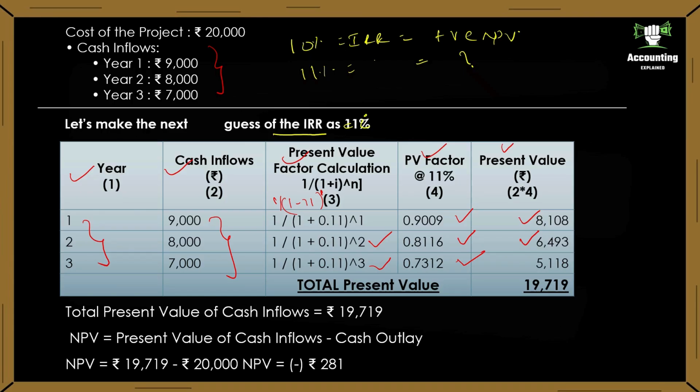So the present value of cash inflow is 5,118. The total present value of cash inflows is 19,719. Now net present value is present value of cash inflows minus cash outlay, right? So the present value of cash inflows is 19,719 and the cost of the project is 20,000. Your NPV is minus 281. Now you have a negative NPV.